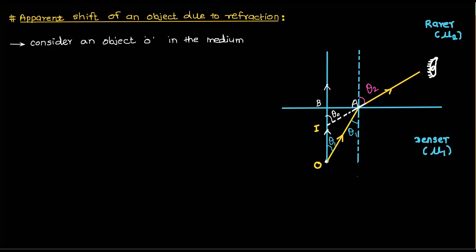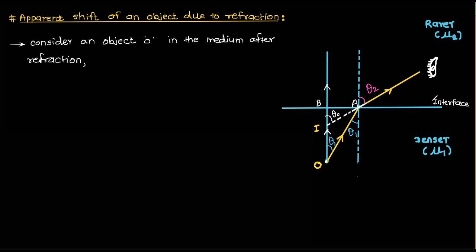After refraction, the ray at the interface bends. Obviously you can see here this is the interface. Shall I write here in small words, that is interface? Interface. Where is the interface? This one. Okay.